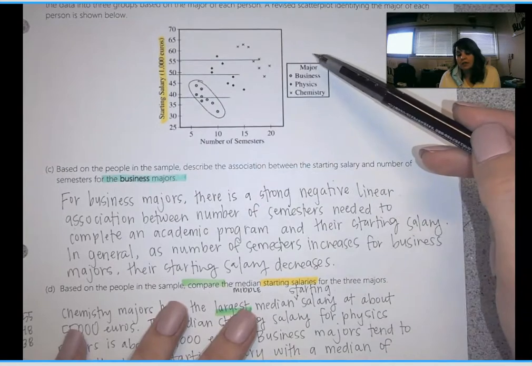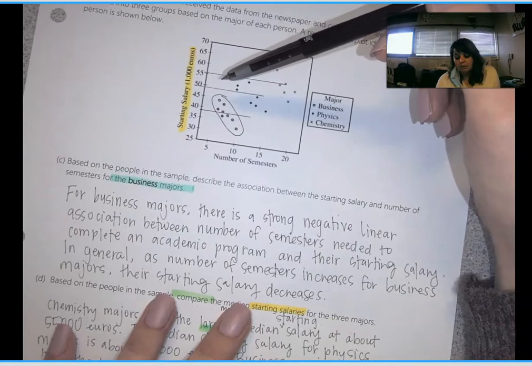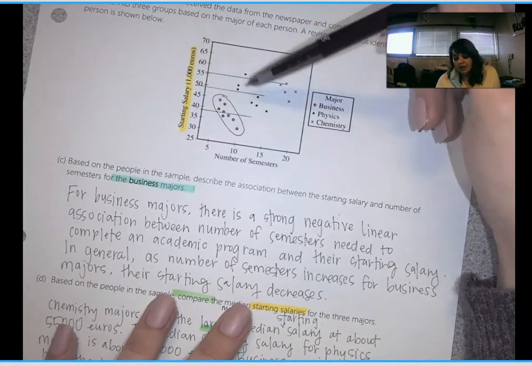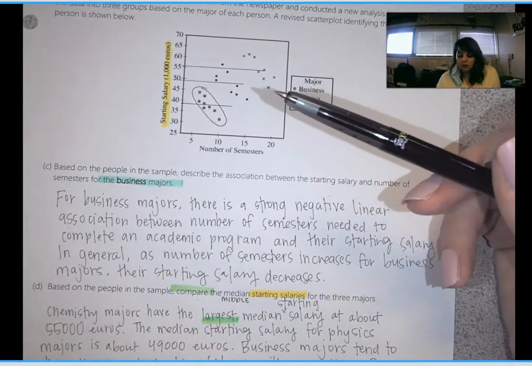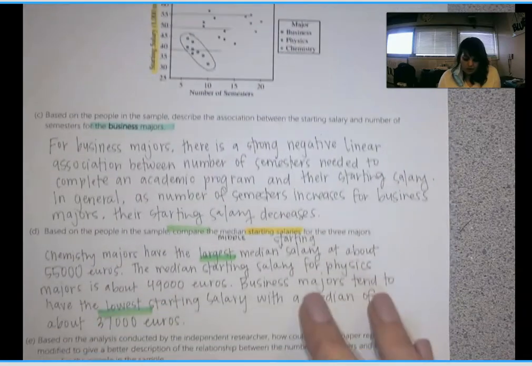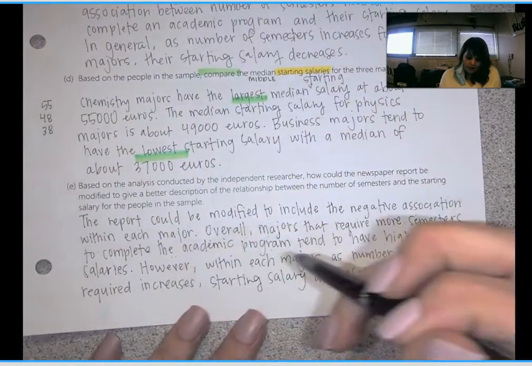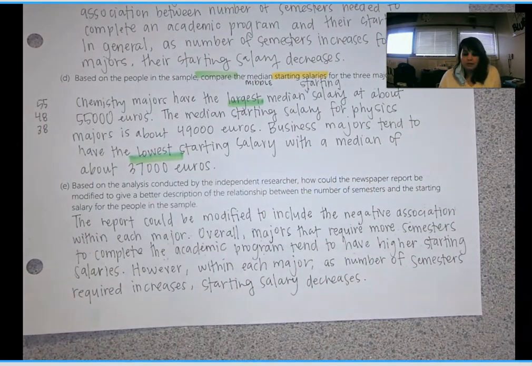Overall, there is a positive association, but they also need to include that within each major there's a negative association. If all they did was include the overall, that would be a little bit misleading. So my response is the report could be modified to include the negative association within each major.